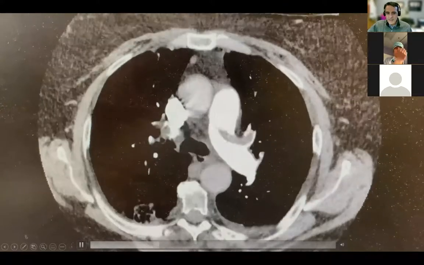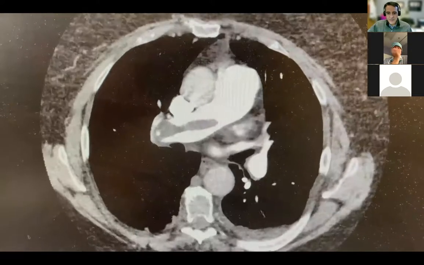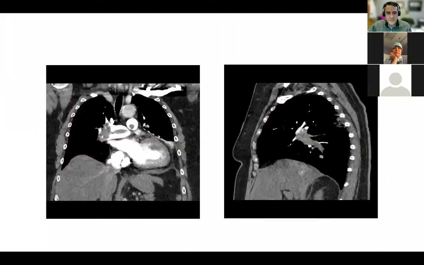So there are some signs that this is certainly affecting her quite a bit. And these are still images of exactly that. You can see the clot burden in the main pulmonary artery here, and this is a side view of the actual pulmonary tree that's entirely covered with clot.